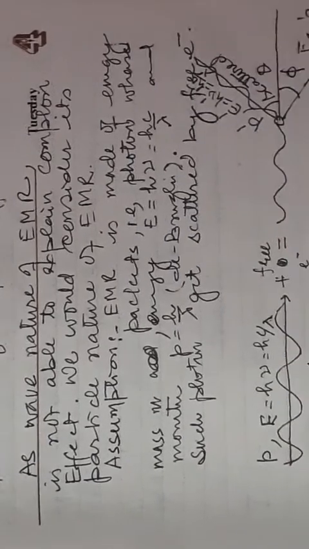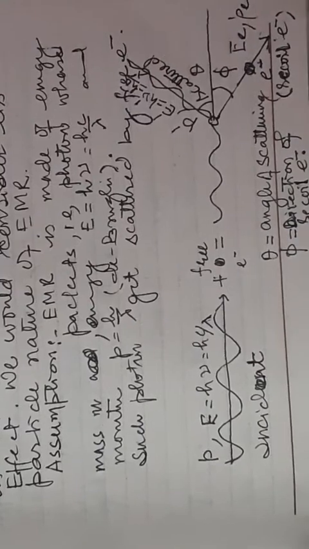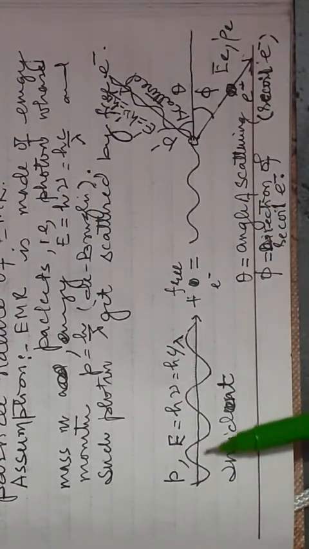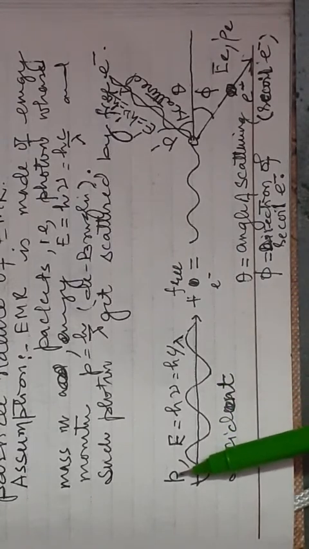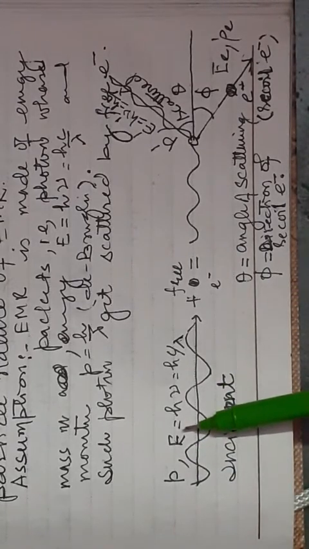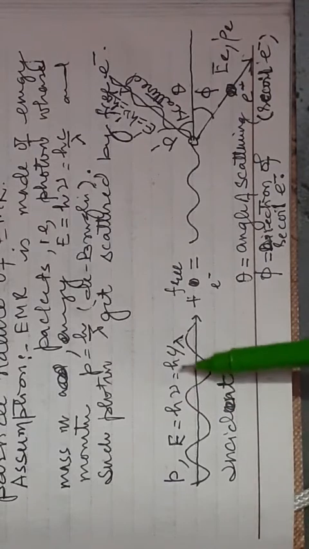If such a photon gets scattered by the free electron, you see this figure and try to understand what is exactly happening there. This diagram is very important. This is the incident radiation having momentum p, energy E is equal to h nu equals hc upon lambda.